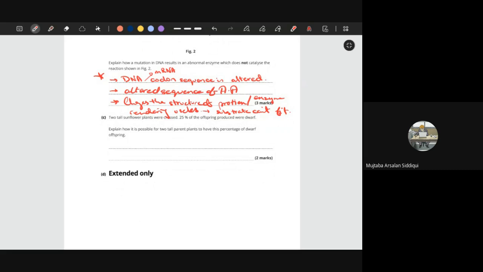Okay, two tall sunflower plants were crossed. 25% of the offspring were dwarf. Explain how this is possible.